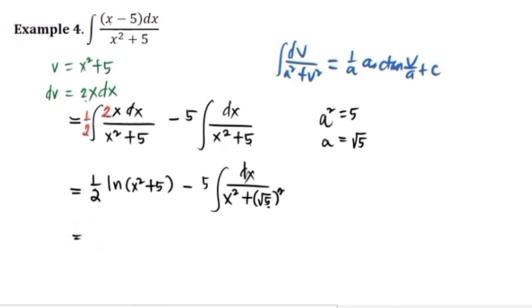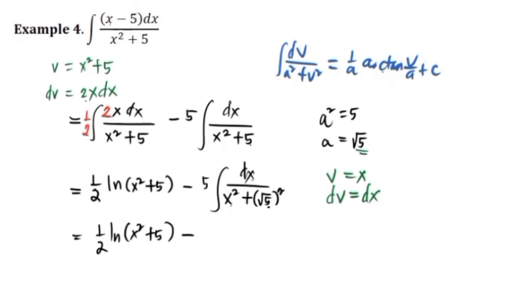So we have here 1/2 ln of x squared plus 5 minus, so lalatag muna natin ha, since our a here is square root of 5 and our v here is equal to x, so taking the derivative of this, your dv is equal to dx, so yung derivative nung x is dx, meaning we can now apply this formula.